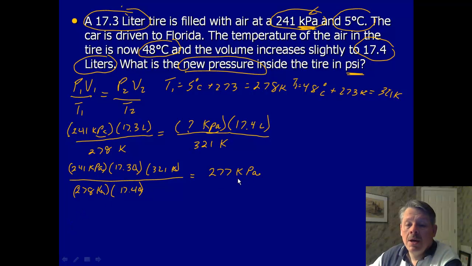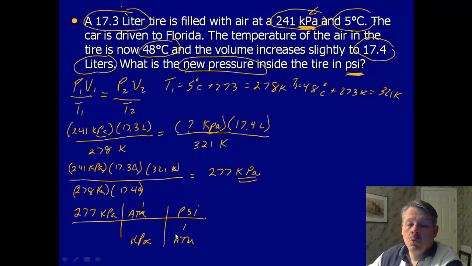But now what I have to do is convert from kPa to psi. And that means I have to go to atm in the middle. So if we go to what we had in our last podcast, or two podcasts ago where we were doing conversions, we have 277 kPa, and we have to convert from kPa to atmospheres, and then we convert from atmospheres to psi.